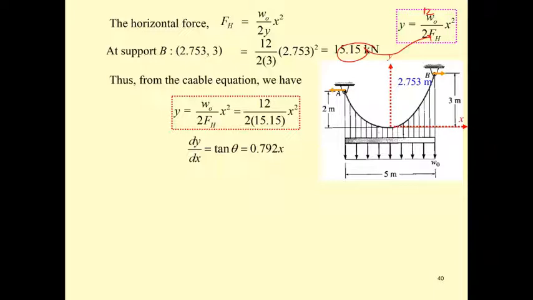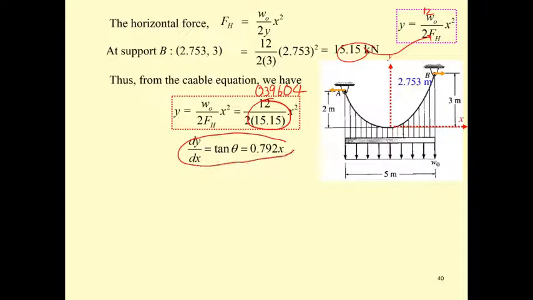Sorry for this, this one can be 0.39604 if you like. And then if you differentiate it, you're going to multiply it by 2. It's going to be 0.792.